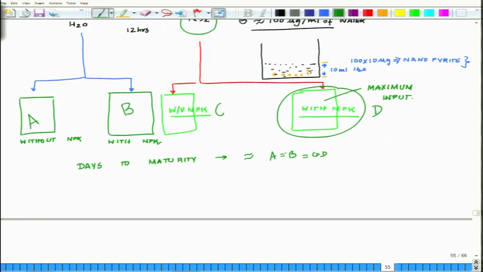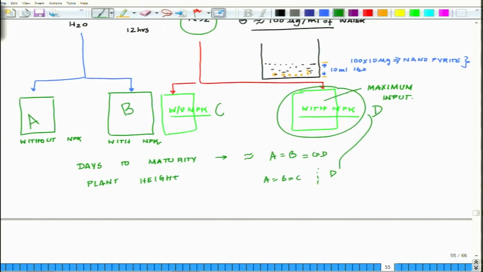There is no difference. Now, if we look at the plant height, you observe a slight increase in D, barring that A is equal to B is equal to C, but D is slightly more, though not significantly.